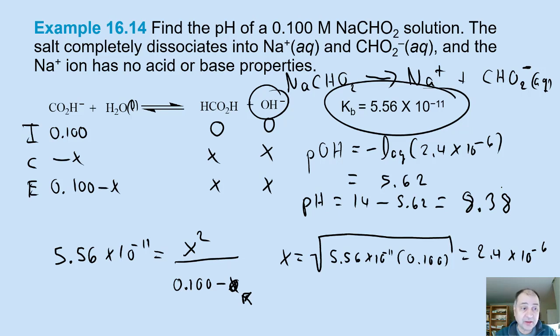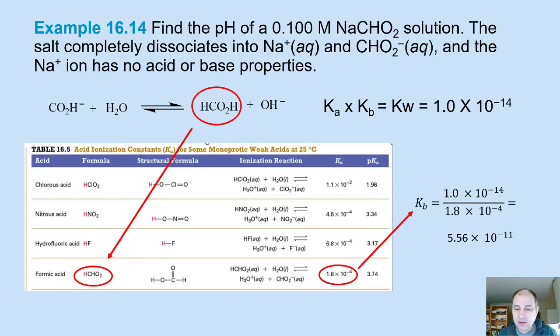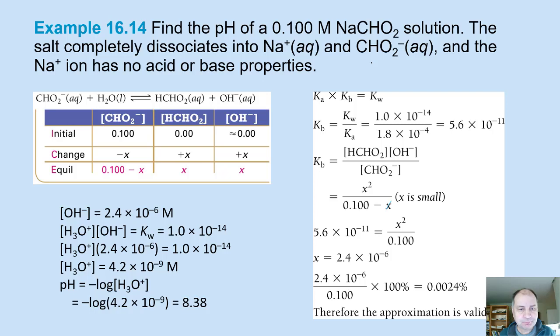We know this is basic because formate is a conjugate base. This is just for you to look at. This is how I determined the Kb for this particular reaction, or that conjugate base here, the formate. And it doesn't matter what I have here. It could be potassium formate. It would be the exact same concentration. It would be the exact same Kb. It has nothing to do with the counter ion.